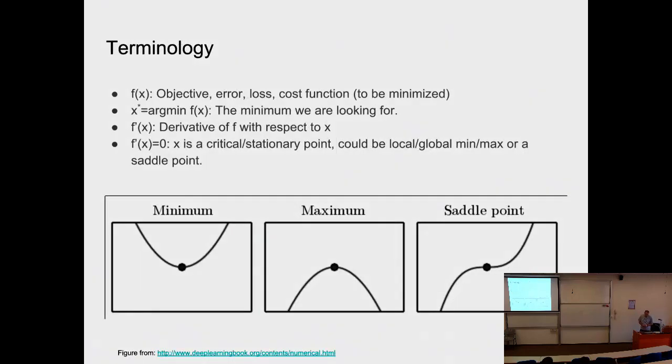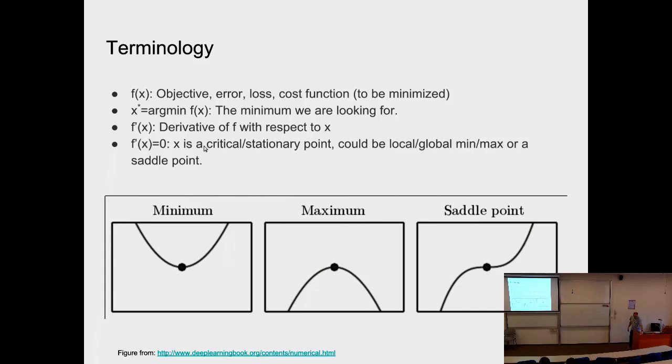Okay, so there is some terminology we should all agree on. F of x is our function we're trying to optimize. X star is the minimum that we're looking for. F prime I'm going to use as the derivative of f with respect to x, and if f prime is 0, then we call this a critical point.